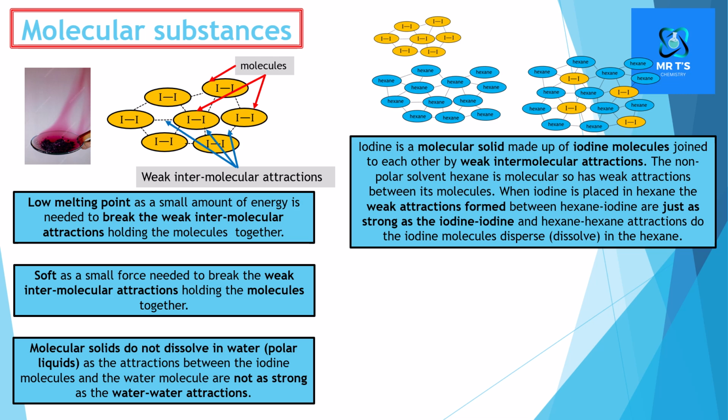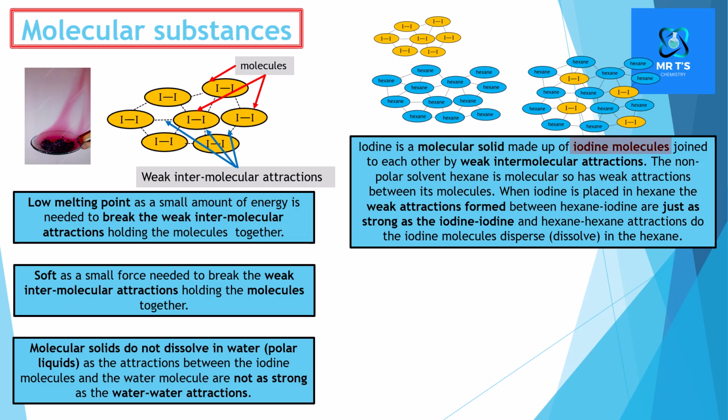Because they both have weak attractions between them, when they make new attractions between the iodine molecules and the hexane molecules, those new attractions are just as strong as the weak attractions that they already had, or just as strong or stronger. So iodine is a molecular solid made up of iodine molecules. Cool.